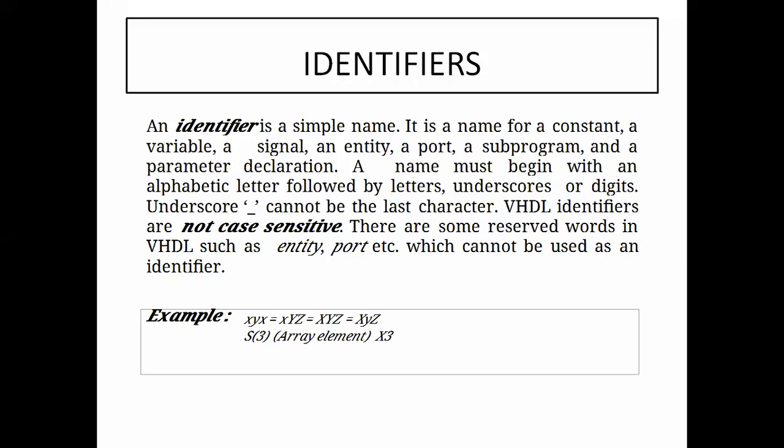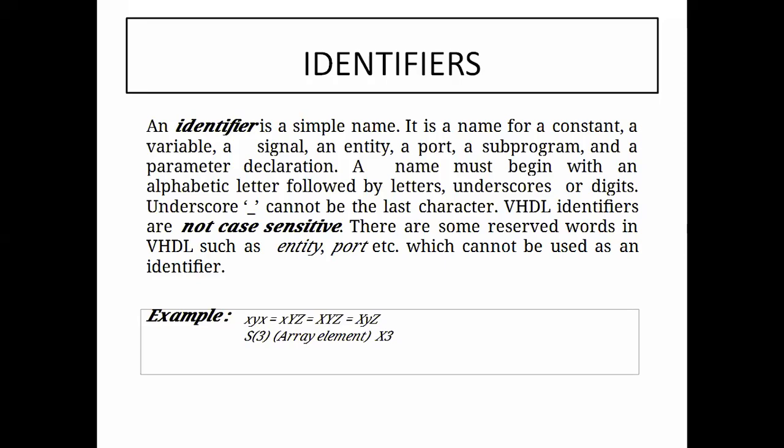Then you can use it for a declaration of variable, a signal, for entity, for a port, for a subprogram, and for particular parameter declaration, right? For these many purposes you can use this identifier operand.